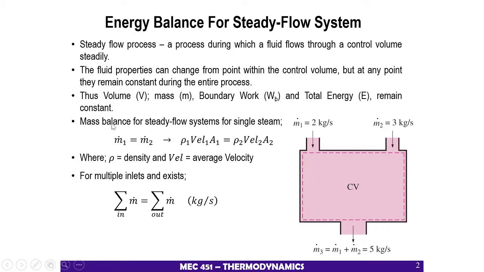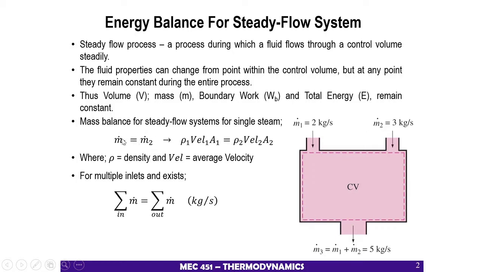For example, if we have a mass balance for a steady flow system with a single stream, which means we have a single inlet and a single outlet, then your mass inlet m1 is equivalent to mass outlet m2.